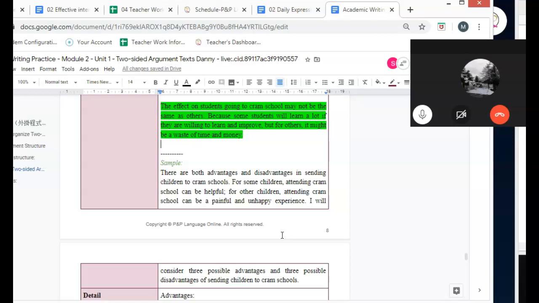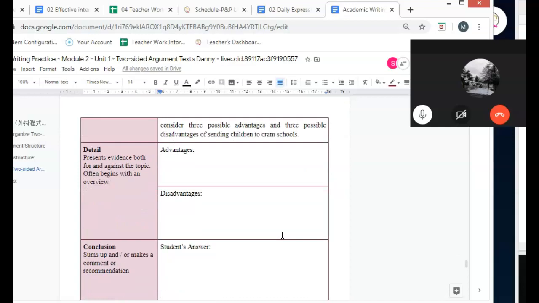Okay, in detail, so let's read the example. Where is the example? I mean advantage, example, and disadvantage. Okay, so present evidence both for and against the topic, which often begins with an overview.